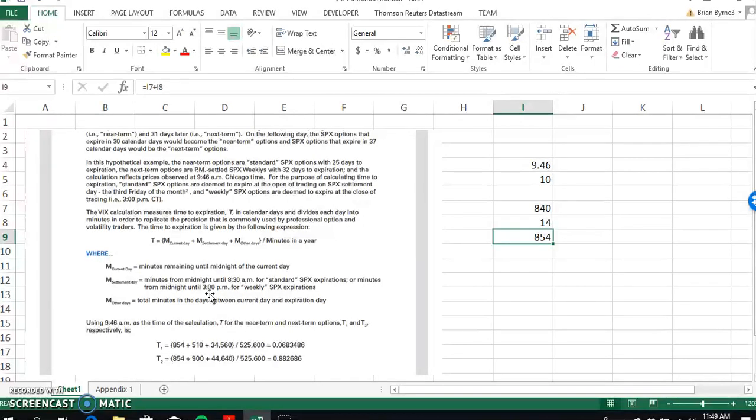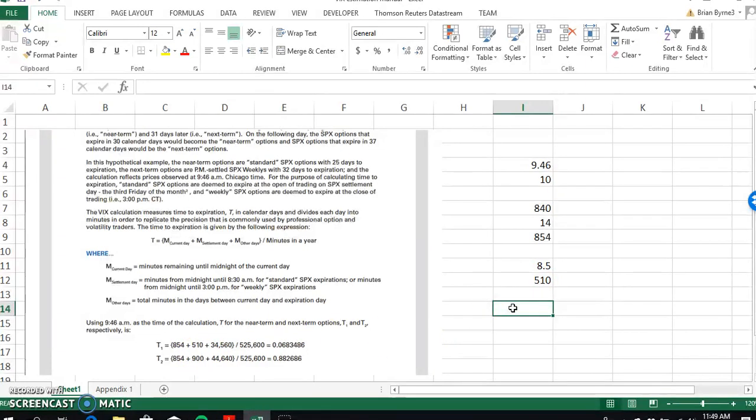Okay, so for the earlier period, we have a monthly contract. So at the closest expiry, there's a monthly contract. It's 8:30, but 8:30 represents 8.5 hours. If we take that 8.5 and multiply by 60 to convert the hours to minutes, we get 510, and that's where that 510 is coming from.